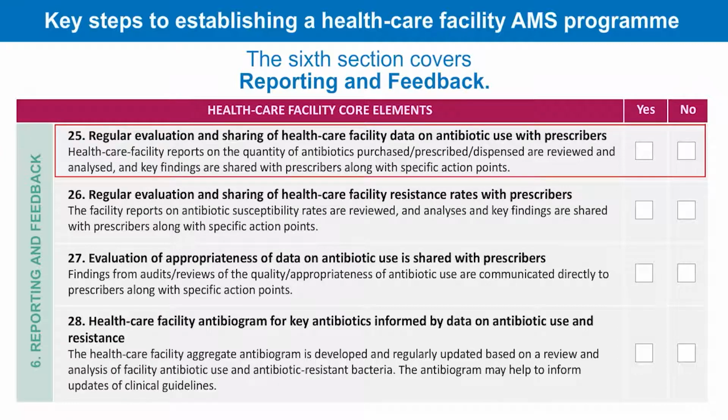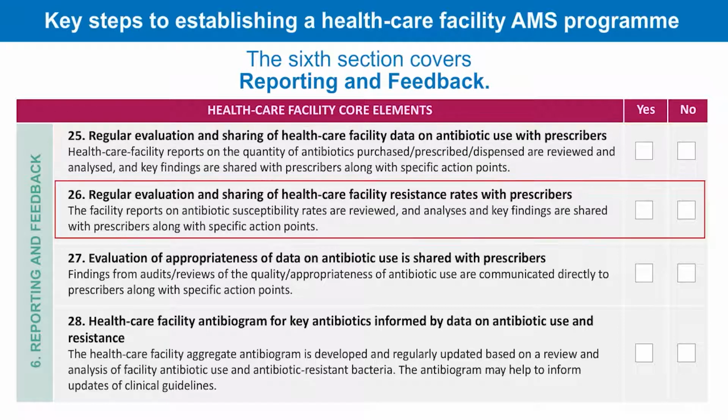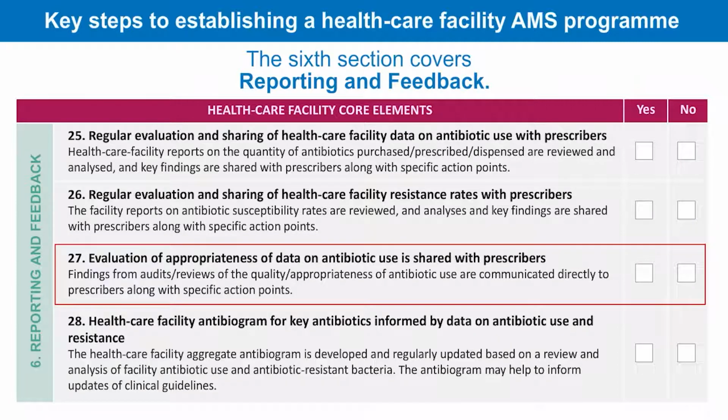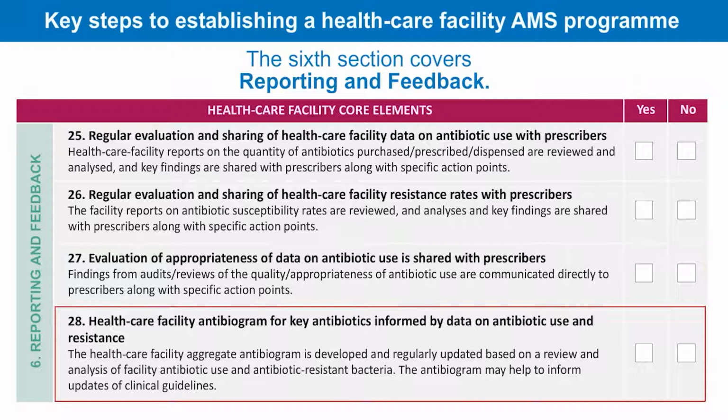There is regular evaluation and sharing of healthcare facility data on antibiotic use with prescribers. 26. There is regular evaluation and sharing of facility resistance rates with prescribers. 27. The evaluation of appropriateness of data on antibiotic use is shared with prescribers. 28. The facility antibiogram for key antibiotics is informed by data on antibiotic use and resistance.